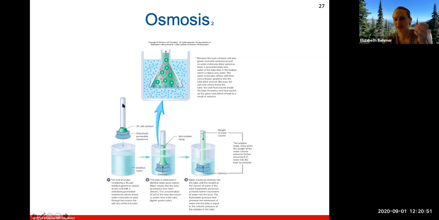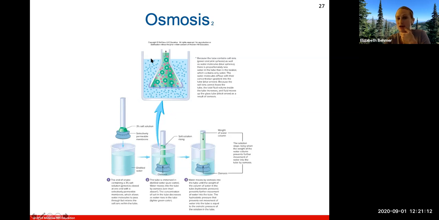If we put this beaker into just distilled water, we'll see what osmosis does. Through osmosis, water will travel from an area of high water concentration to an area of low water concentration.